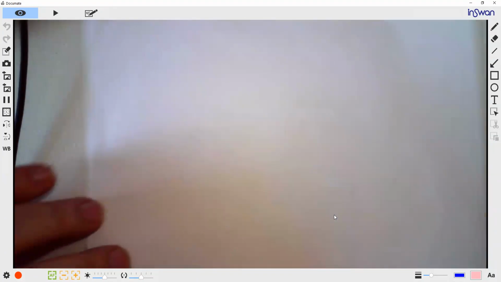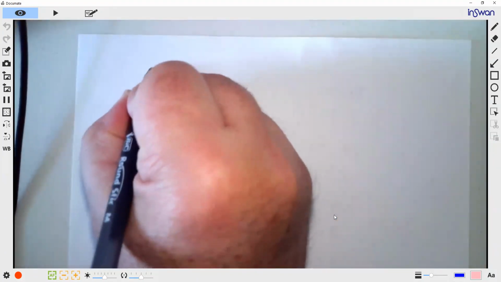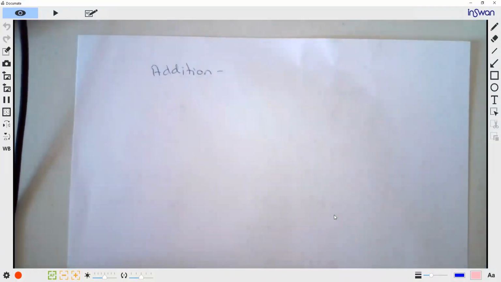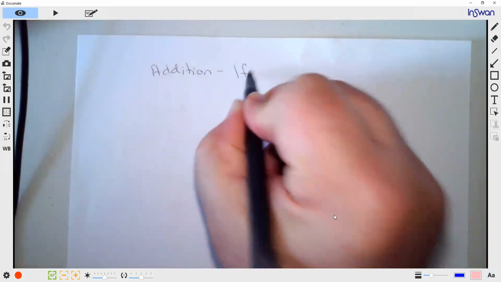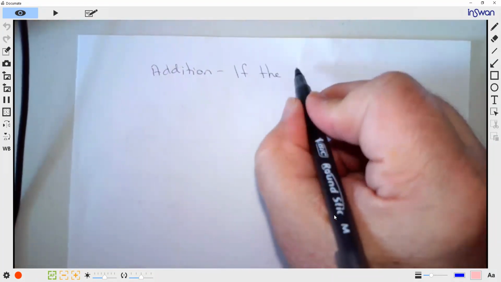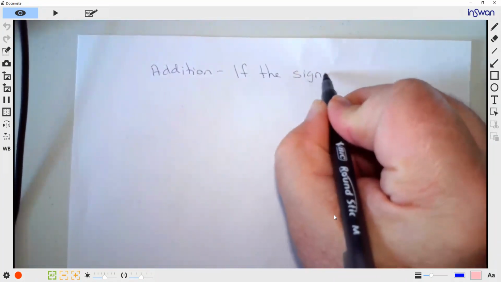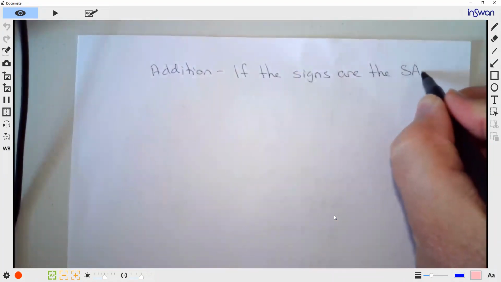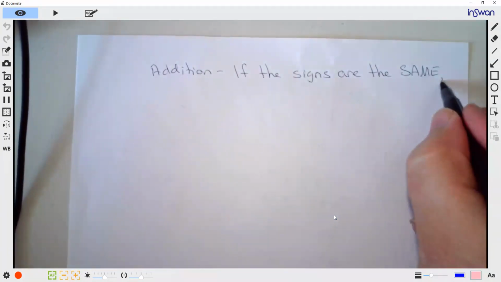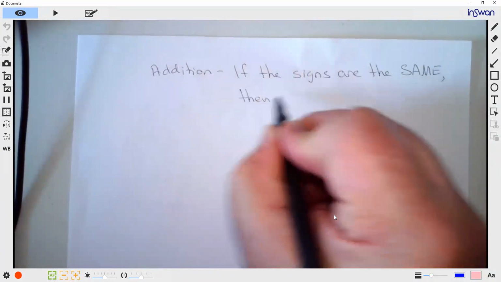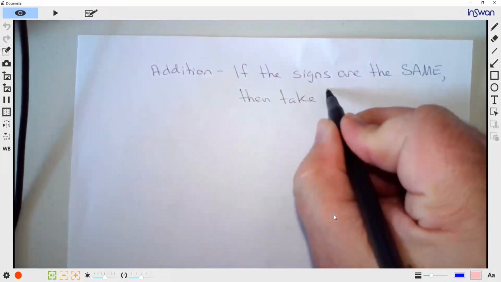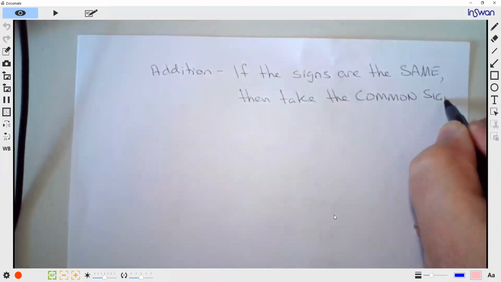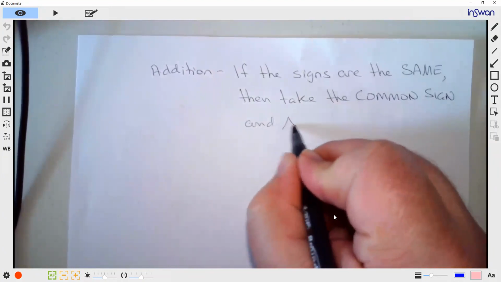All right. Now, let's define addition and subtraction, the process of it, I should say. If the signs are the same, then take the common sign and add the numbers.